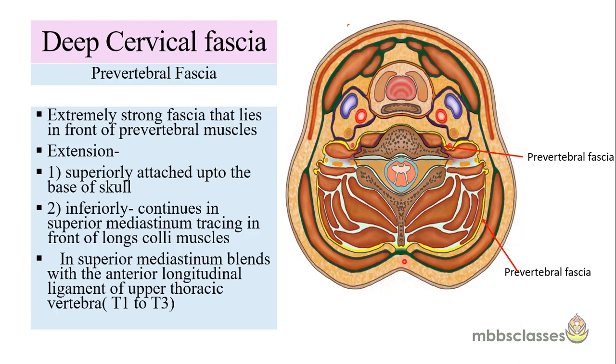This is the area of the ligamentum nuchae, and superiorly it forms a circle which attaches to the bone of the skull. In this circular bony attachment, anteriorly it is attached to the basilar part of the occipital bone, laterally to the mastoid process, and posteriorly along the superior nuchal line and the external occipital protuberance.